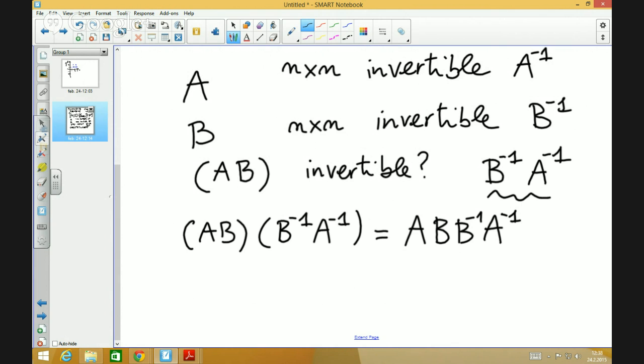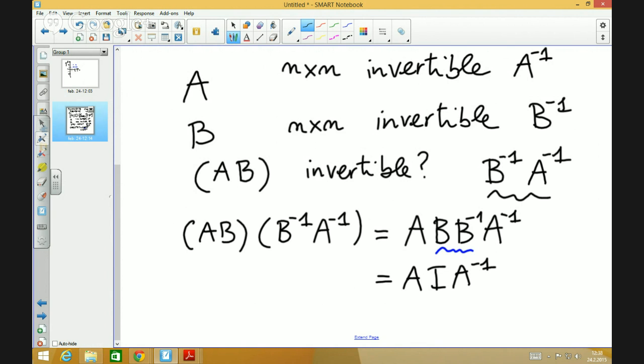Okay, so can we simplify this expression? Okay, so look at this part, the underlined blue thing. One of your colleagues is saying, well, B minus 1 is the inverse of B. So B times B minus 1 is what? It's the identity. Beautiful. So we can replace the B times B minus 1 by its result, which is the identity.